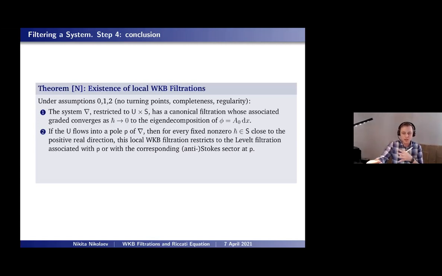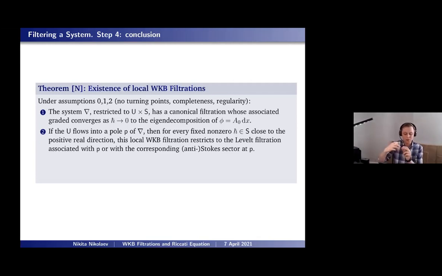And as long as that non-zero h bar stays kind of close to the real positive direction or is on the real positive direction, then this local WKB filtration for this fixed value of h bar coincides with the corresponding Levelt filtration associated with the pole P, or with the Stokes sector at this pole P.